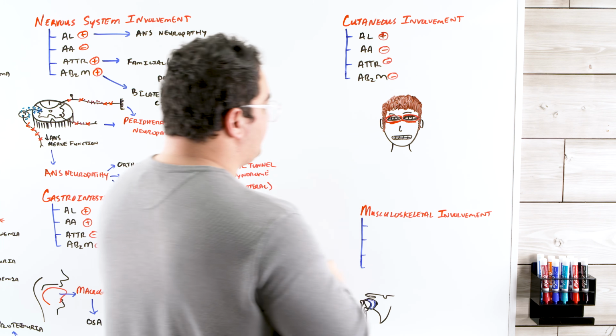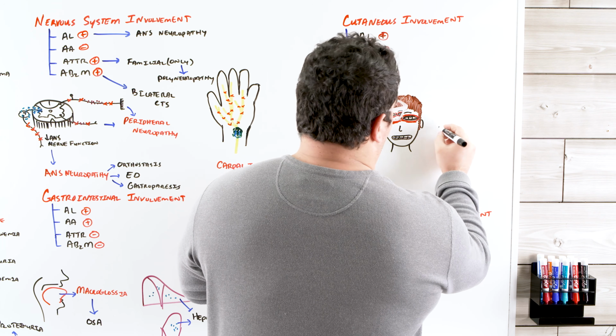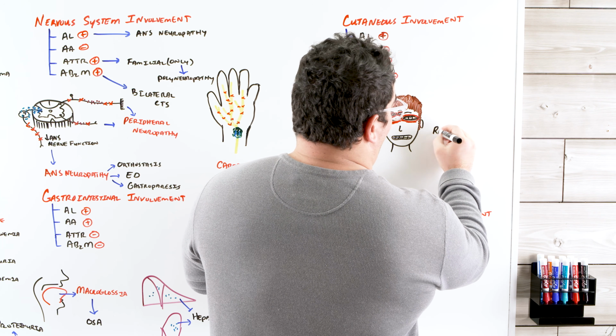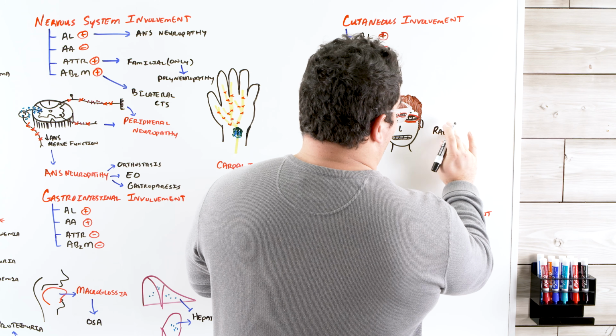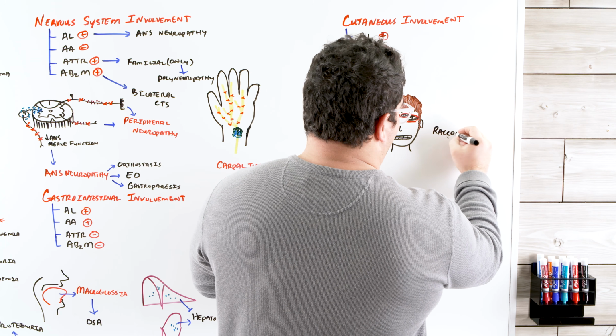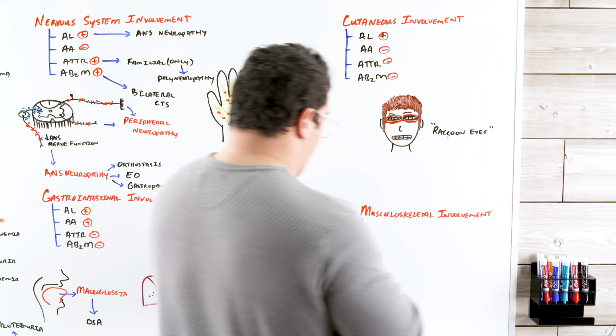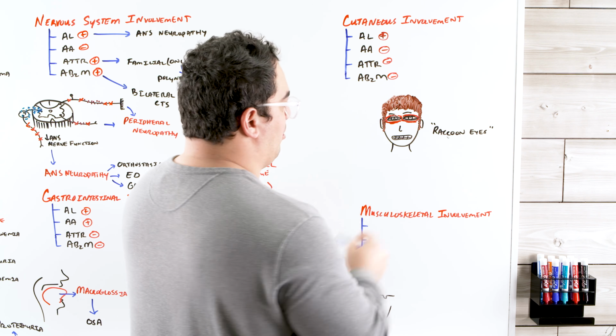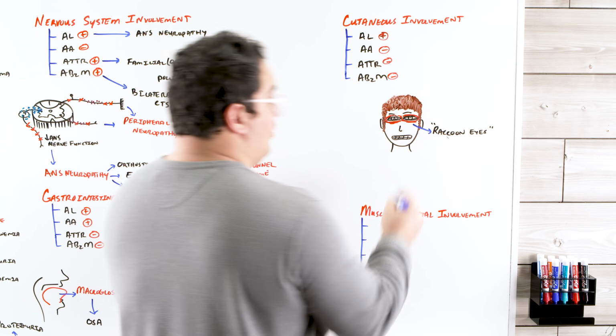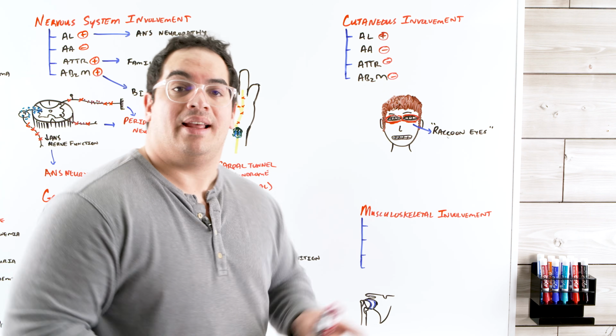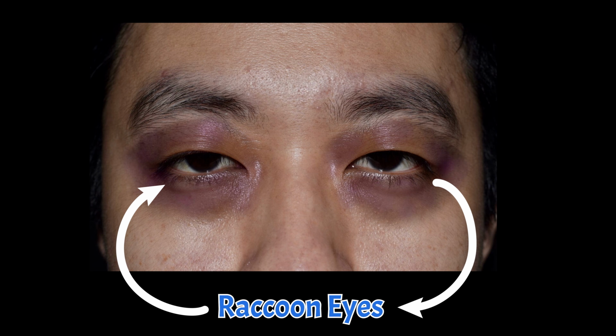It's called periorbital ecchymosis, but we give it another name. We call this the raccoon eyes, and raccoon eyes are also known as periorbital ecchymosis. And it's cool because it looks a little bit like this.